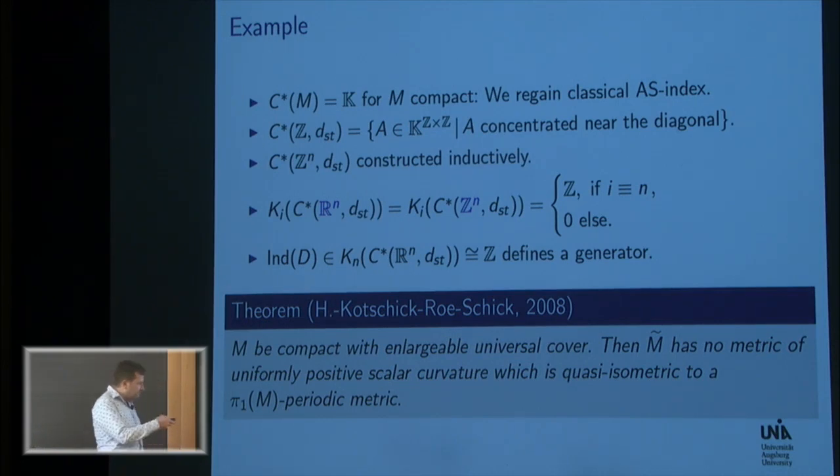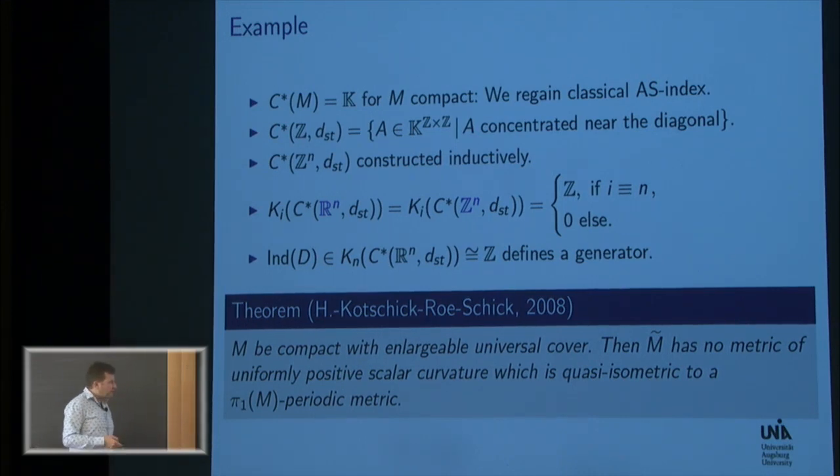Using enlargeability of the universal covering, remember, this means that from the universal covering with a metric induced from M, we have epsilon-contracting maps onto spheres, which are constant outside of compact subsets, which are of non-zero degree. And this must be true for any epsilon as small as we like.